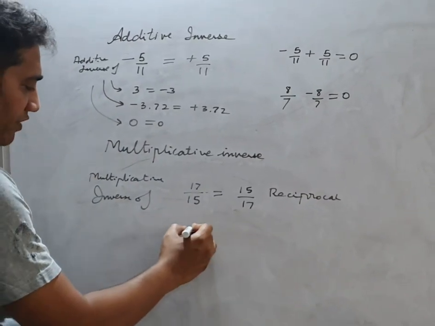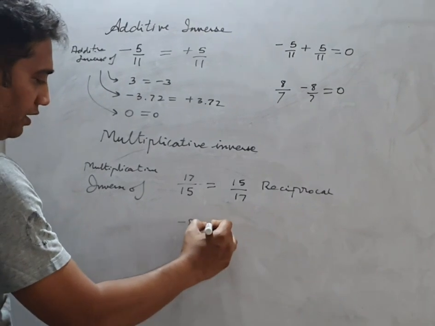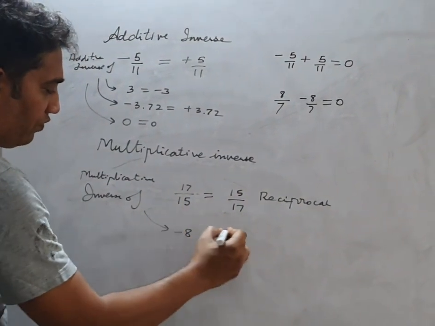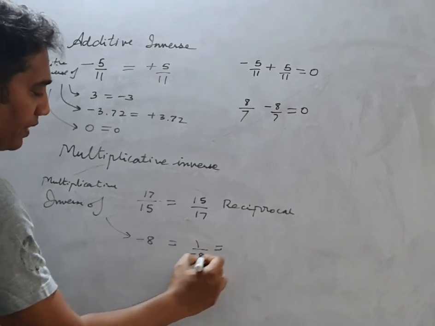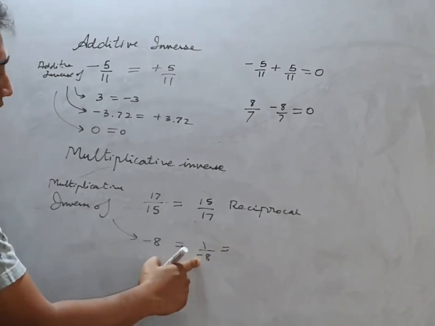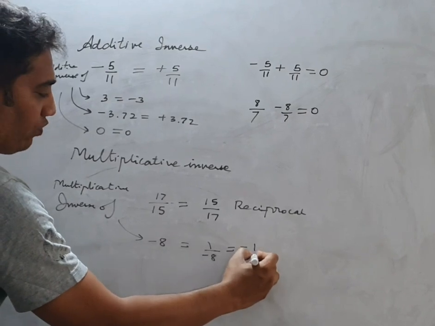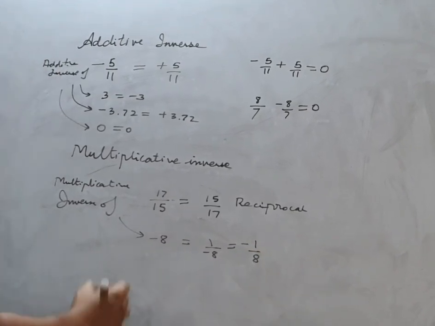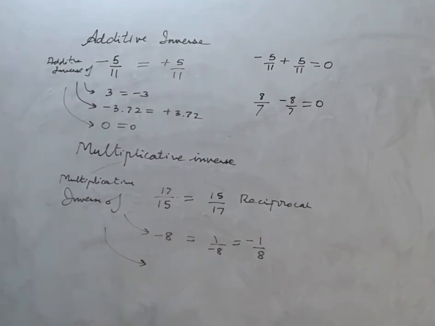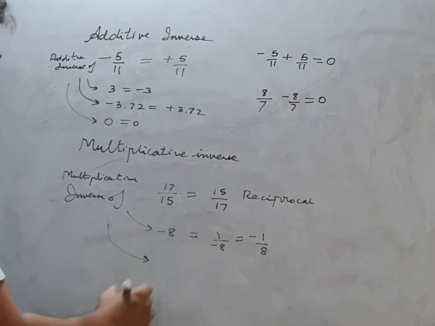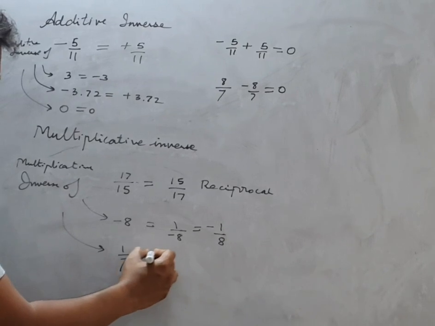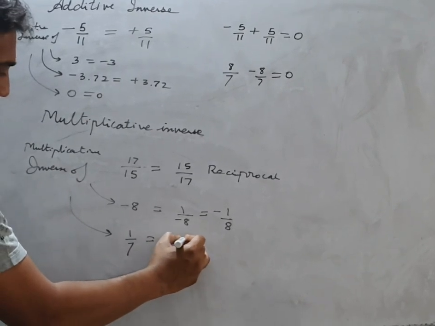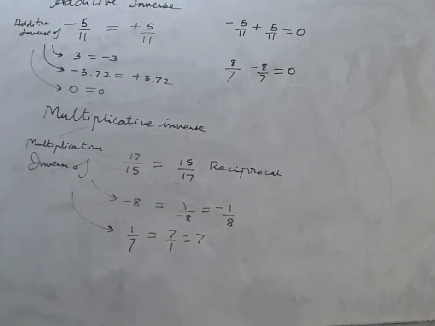So multiplicative inverse is also called reciprocal. So the multiplicative inverse of negative 8 will be equal to 1 upon negative 8. And in standardized form, that means the denominator cannot be negative, it will become negative 1 upon 8. Furthermore, the multiplicative inverse of 1 upon 7 becomes simply 7 upon 1, which is equal to 7.